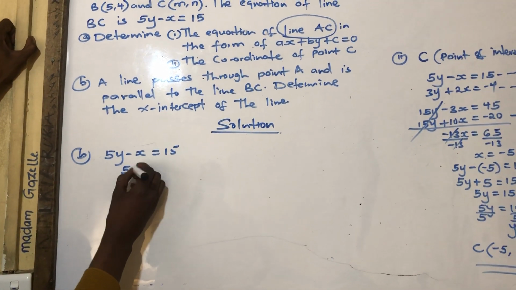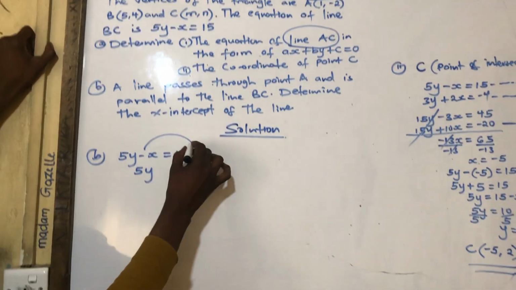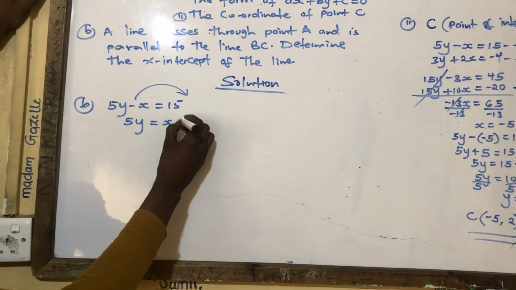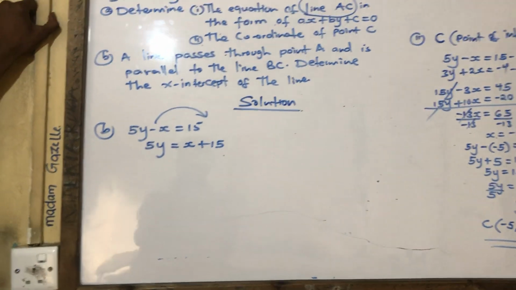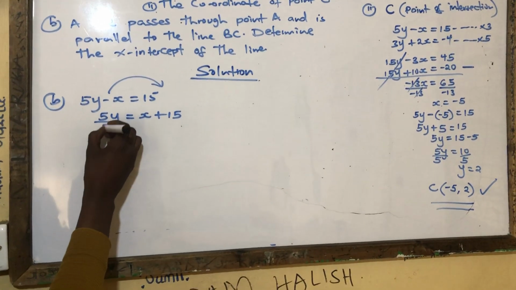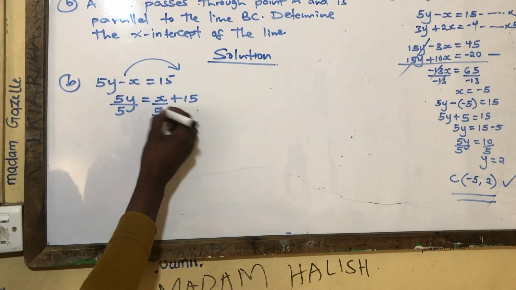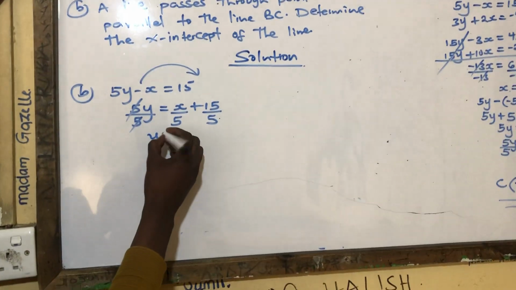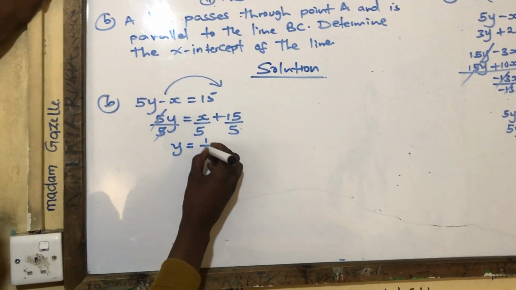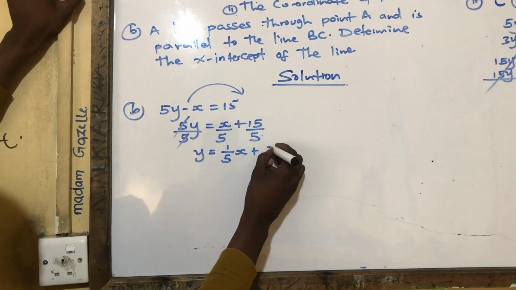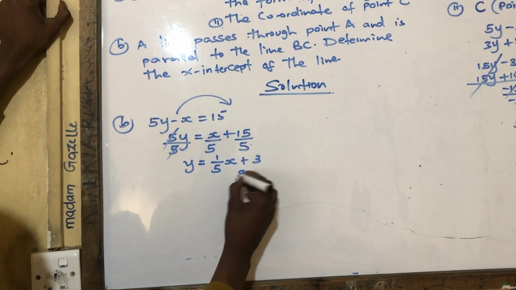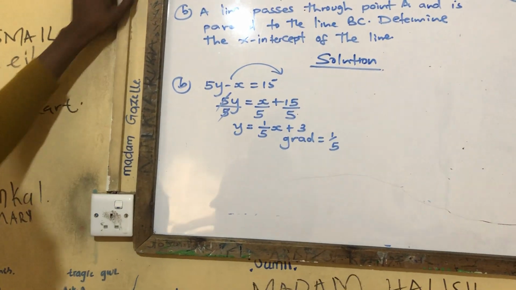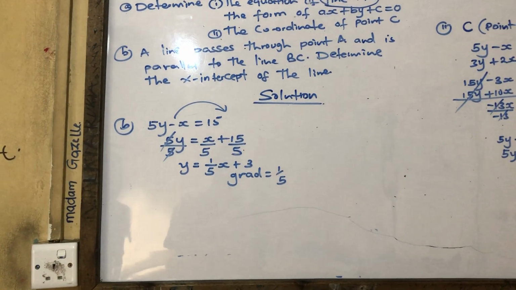To achieve that, the x will be taken to the other side of the equal sign to become a positive x plus 15. Divide this by 5, this one by 5, and this one by 5. What do we get? y equals 1 over 5 of x plus 3. What will the gradient become therefore? The gradient will become 1 over 5.